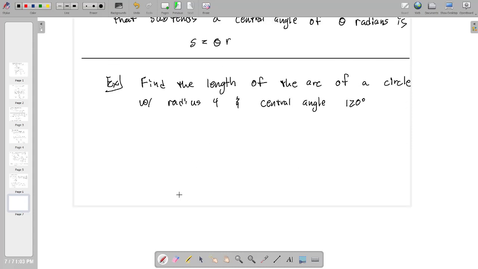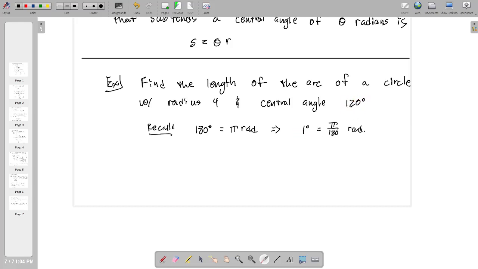Okay, so the first thing that we want to note is that our angle is in degrees. It's not in radians. So we need to convert that to radians first. How do we do that? Recall that 180 degrees is equal to pi radians, which means that 1 degree is equal to pi divided by 180 radians. Now we are looking for how many radians 120 degrees is.